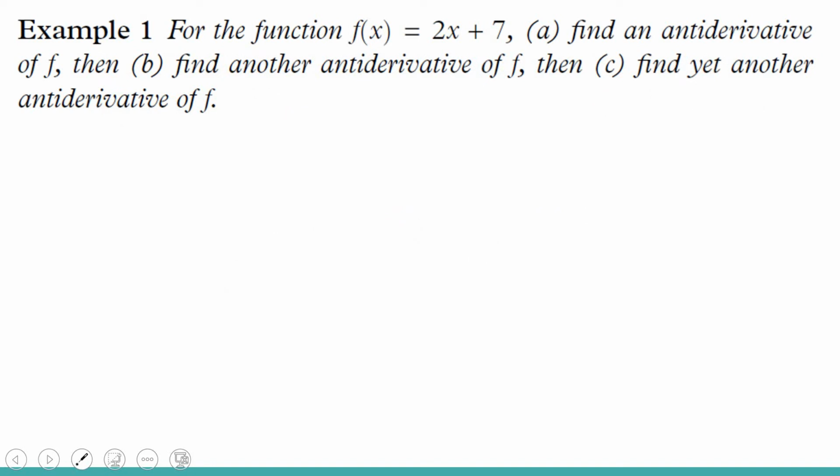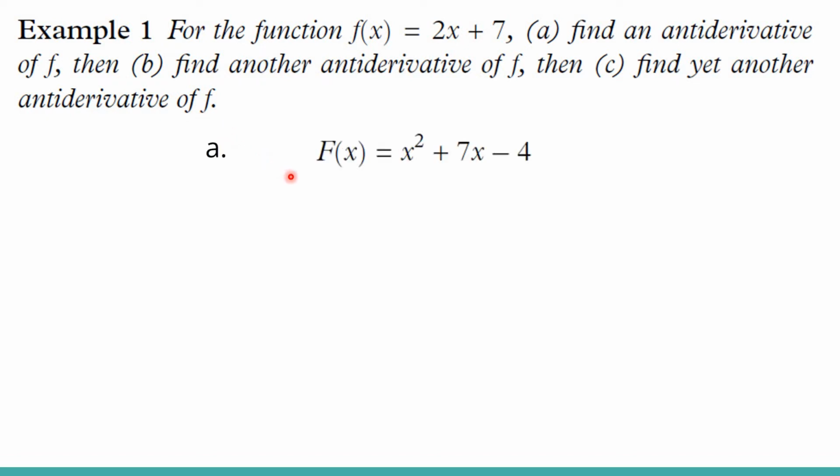So we will have an example. Why does the definition say that there is more than one antiderivative to one function? Here in example 1, for the function f of x equals 2x plus 7, (a) find an antiderivative of f, (b) find another antiderivative of f, and (c) find yet another antiderivative of f.